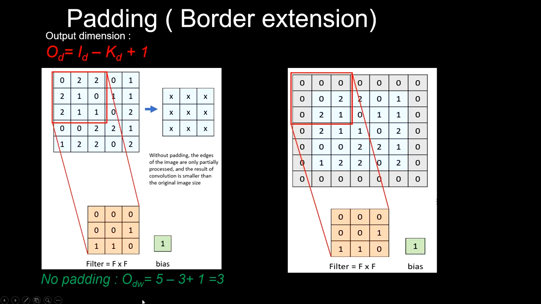In this case, if your input is 5 and your kernel is 3, plus 1, your output dimension will be 3 by 3. With padding, we add some extra information, the padding, to the equation. So our equation now becomes input minus kernel plus 2 padding plus 1.